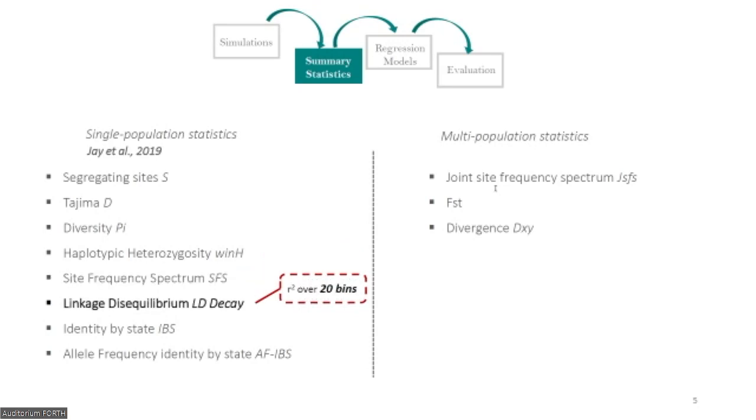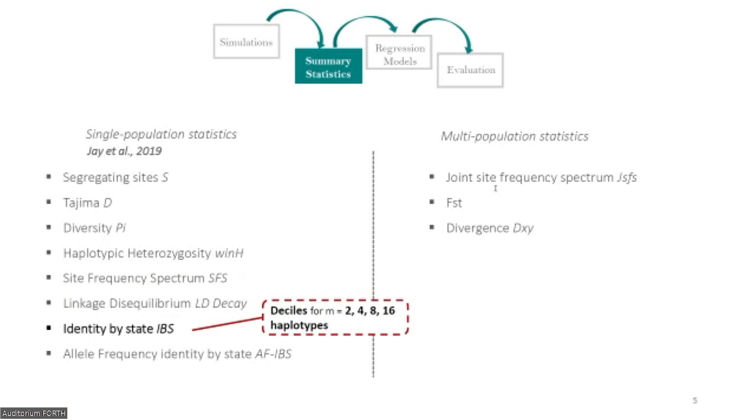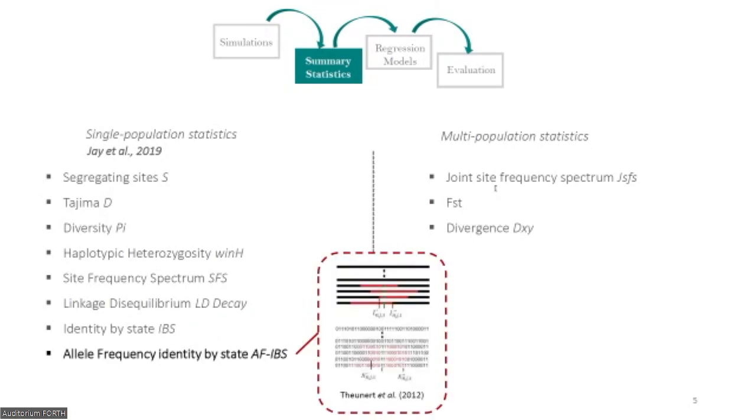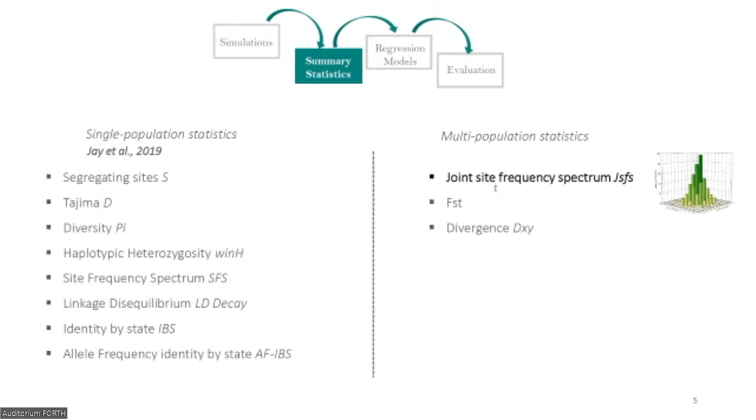For the linkage disequilibrium, we consider the correlations between SNPs over different sets of distances. We consider also the length of segments that are identical for 2, 4, 8, or 16 haplotypes, and the AF-IBS that is also considering the length of identical segments, but this time looking at the SNPs that have the same frequency. And we also consider multi-population statistics.